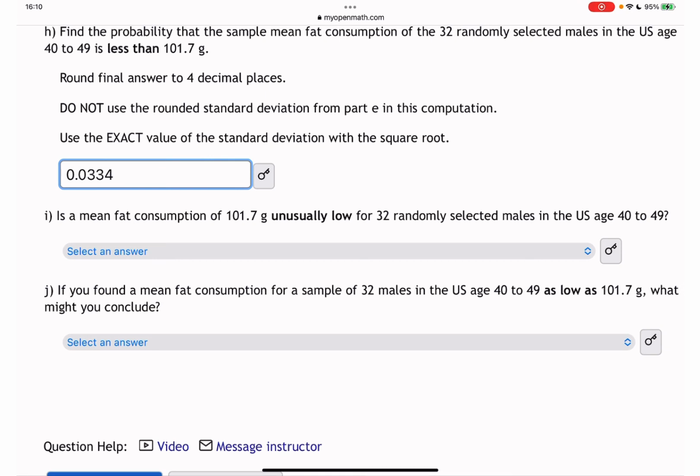It's the probability of having a sample mean.